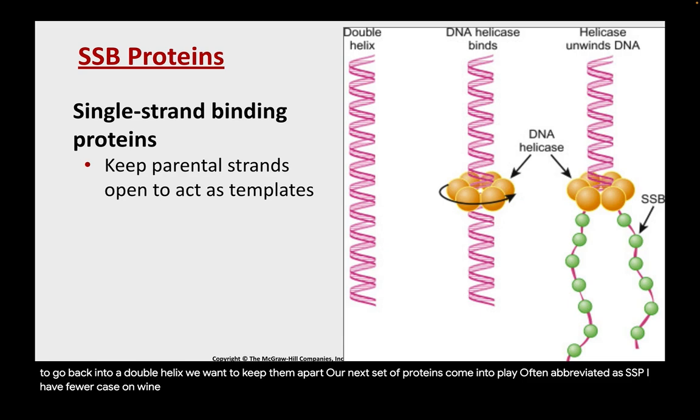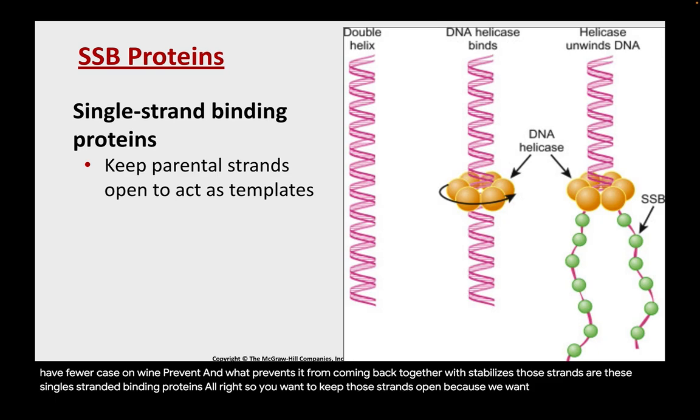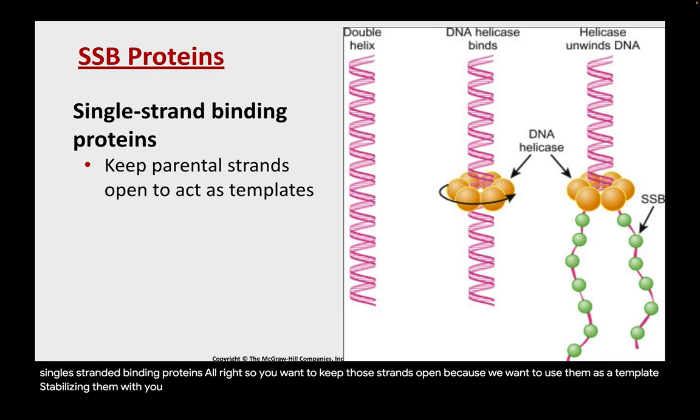We want to prevent these strands from coming back together, and what stabilizes those strands are these single-stranded binding proteins. We want to keep those strands open because we want to use them as a template. We don't want them to rewind into a double helix, so we're stabilizing them with these single-stranded binding proteins.